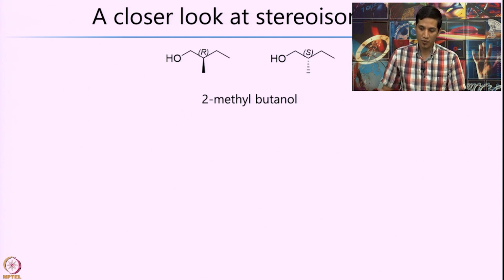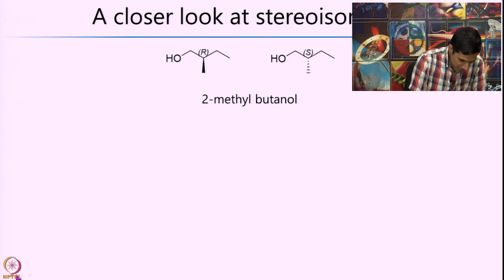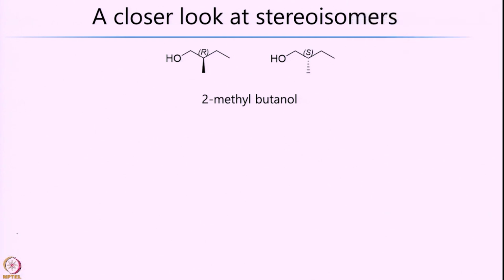I am sure you are all aware of the Cahn-Ingold-Prelog method of naming these, or giving them the absolute configuration, that is the R and the S. Just to refresh our memories, let us look at that. We are looking at this particular carbon atom, and we look at the priority of the substituents.